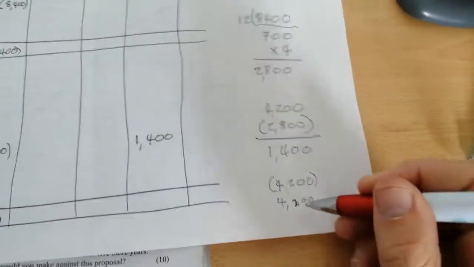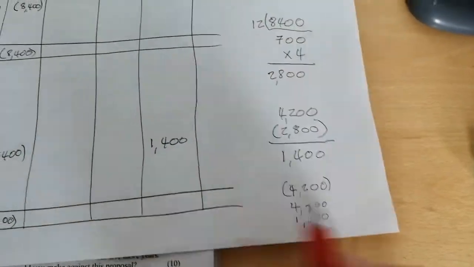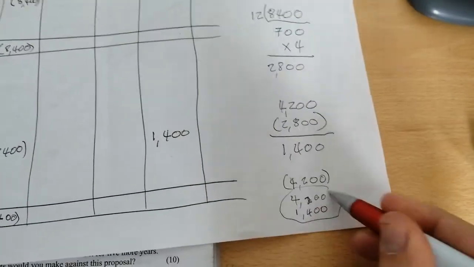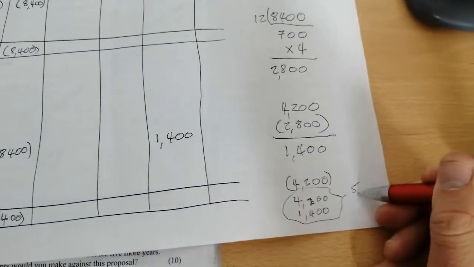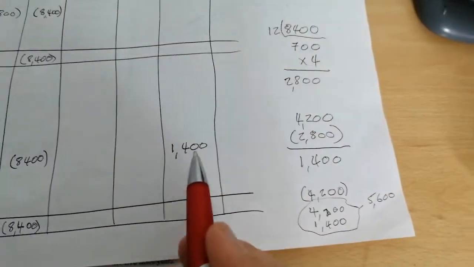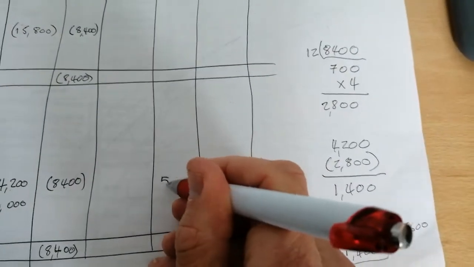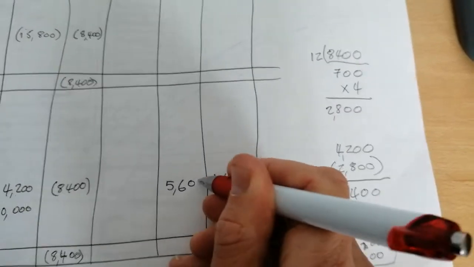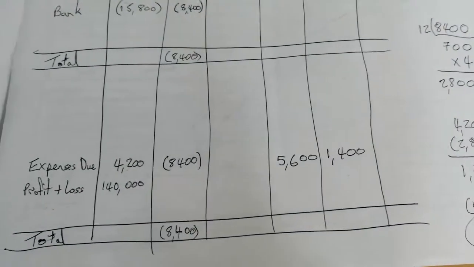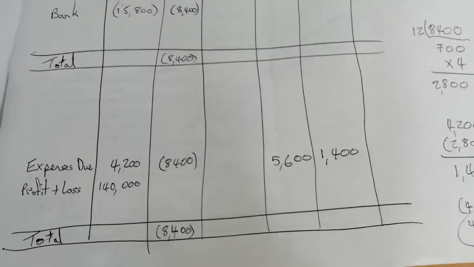They'd cancel each other out. And then I'd have to add a further 1,400 onto it to get up as far as 1,400. So altogether, I would have to add 5,600 to this minus 4,200 to end up with a plus 1,400. So 5,600 is what I'm going to put into this column here in the expenses due section of it.